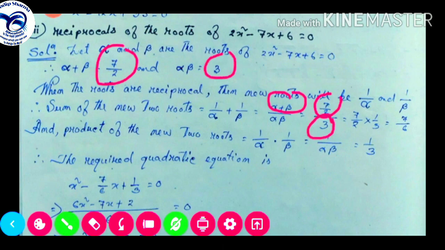So we put 3 here. Now the first one stays the same and the down one becomes the reciprocal, 1 by 3. There is no common factor, so we multiply numerator into numerator and denominator into denominator. So 7 into 1 is 7 and 3 into 2 is 6.